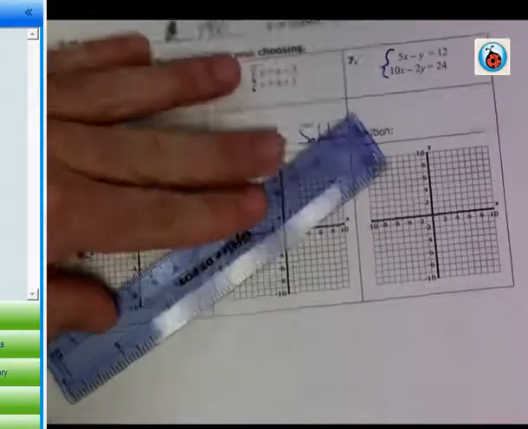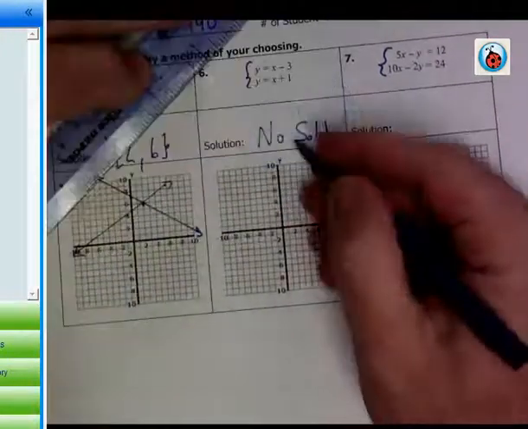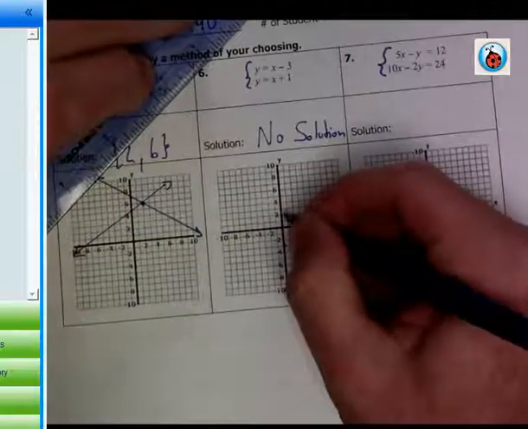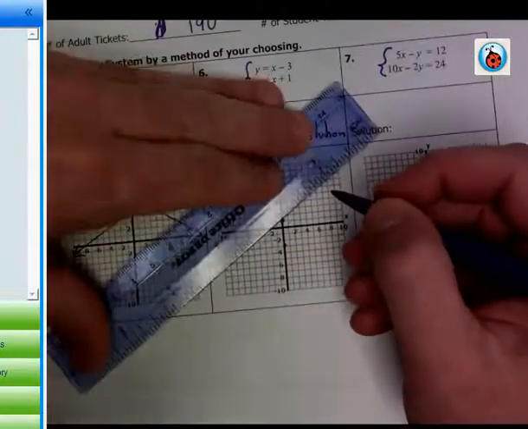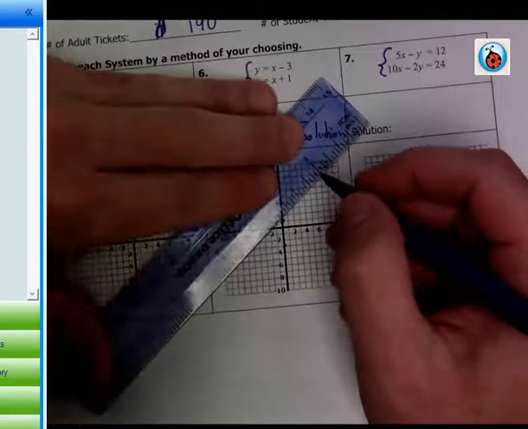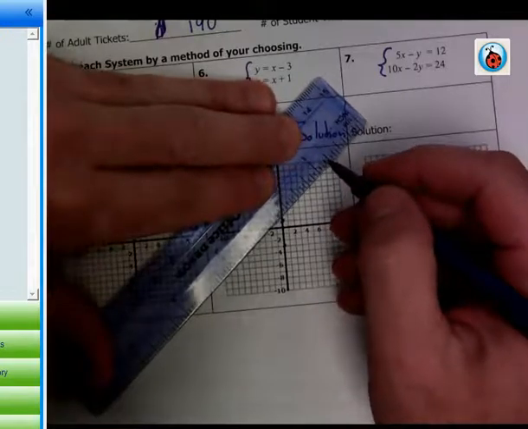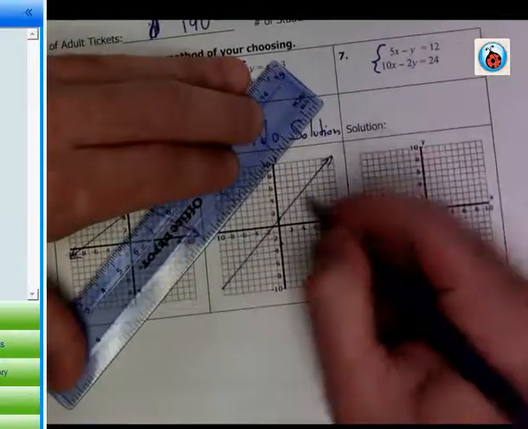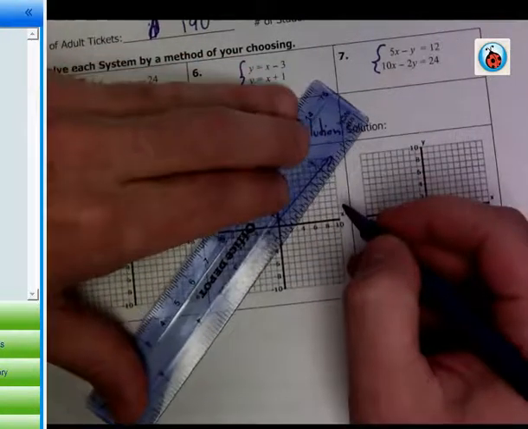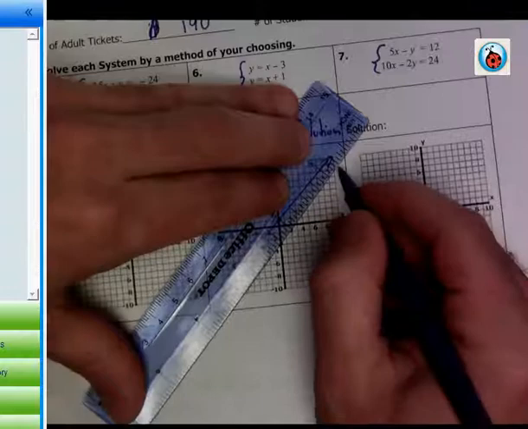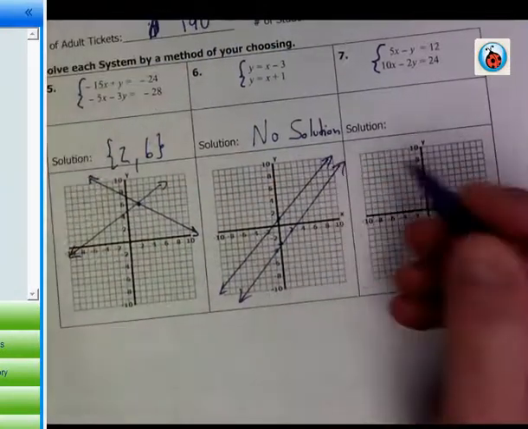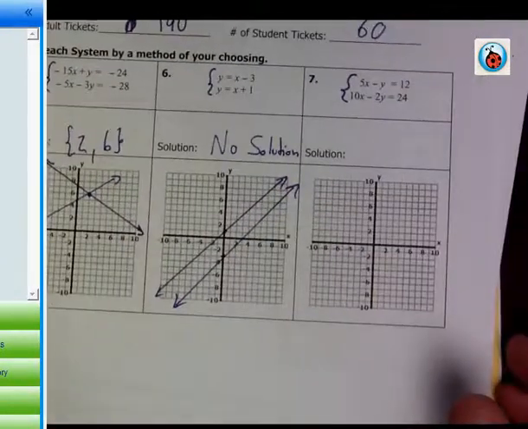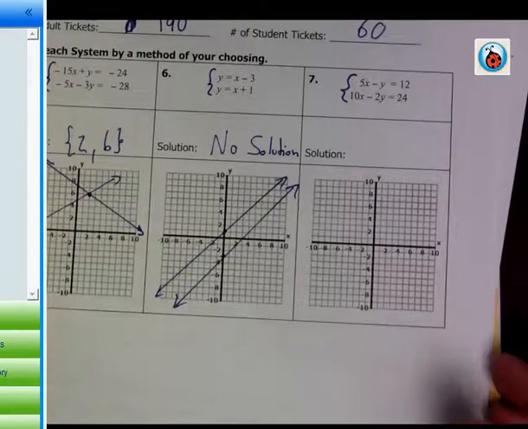And to represent that, this one can actually be accurate. So I got here, and their slope is 1. I got here. Okay, so parallel lines. Again, those are not perfect, but it's okay.